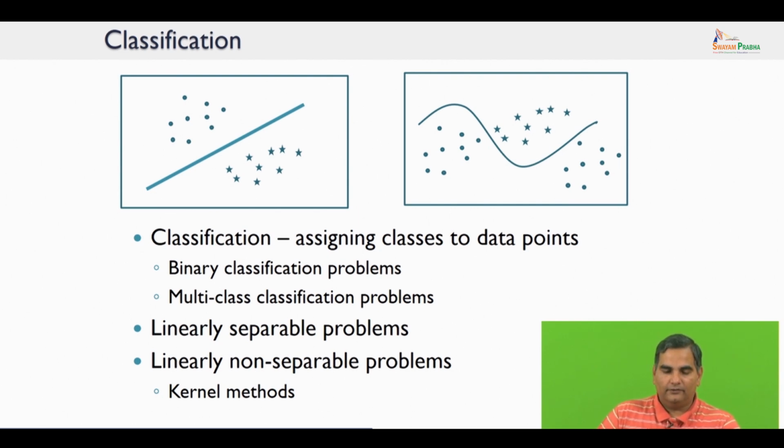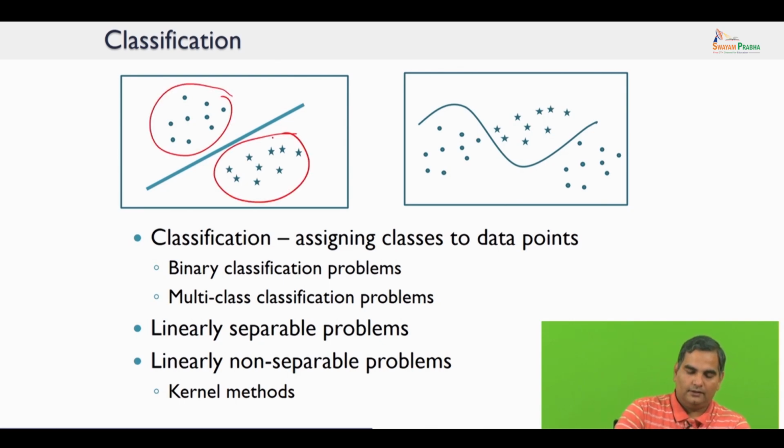So pictorially we represent here, okay, here is a group of data, here is another group of data. Now if I were to derive a classifier, then a line like this could be a classifier. And remember, we have seen this in linear algebra and before. I have 2 half spaces, and I could say this half space is class 1 and this half space is class 2. Now you notice that while I have data points only in a small region, this classifier has derived an unbounded classification region.